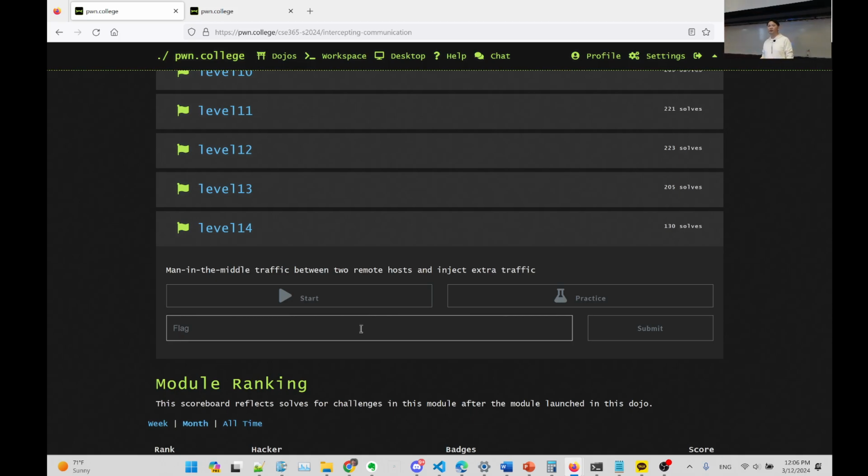Okay, we can craft the ARP packet to fake the network. We can do that using the ARP packet. And then what do you need to intercept the traffic?